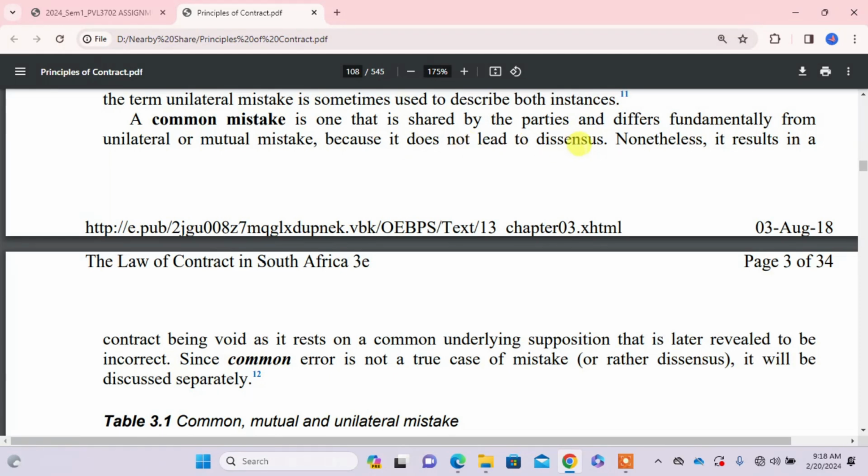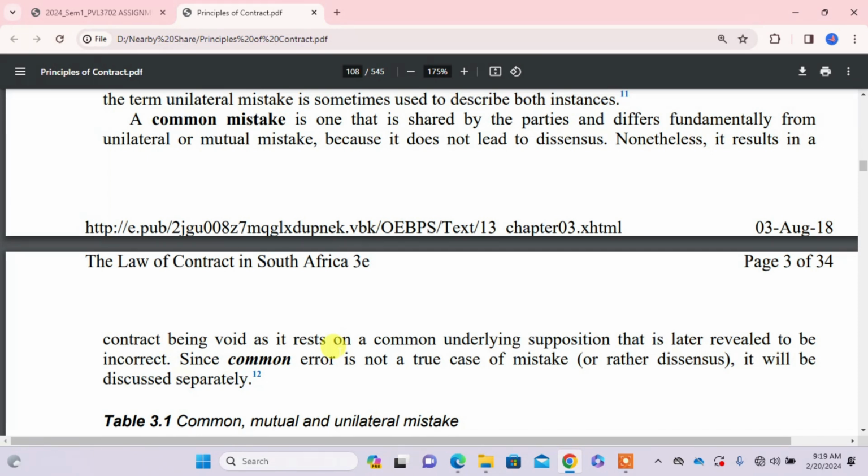Unless it results in the contract being void, as it rests on a common underlying supposition that is later revealed to be incorrect. So this common mistake we are also going to look at. That's why I'm reading this, so that you understand when we deal with the cases of common mistake.